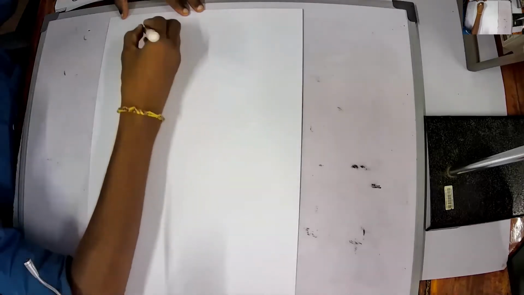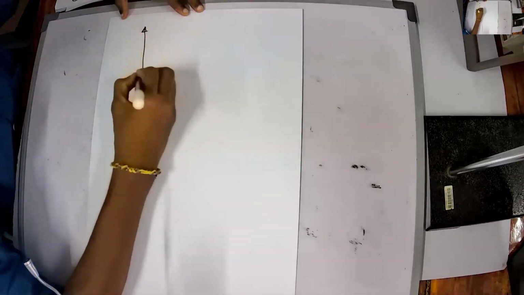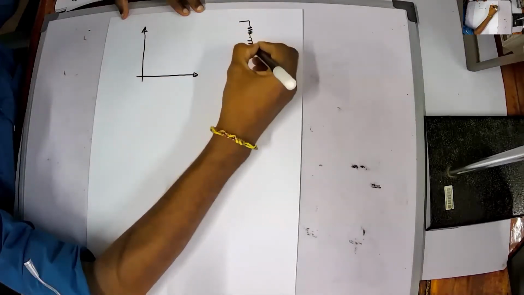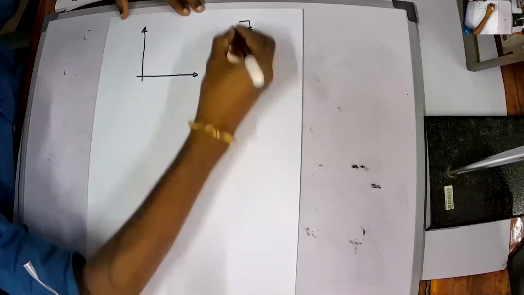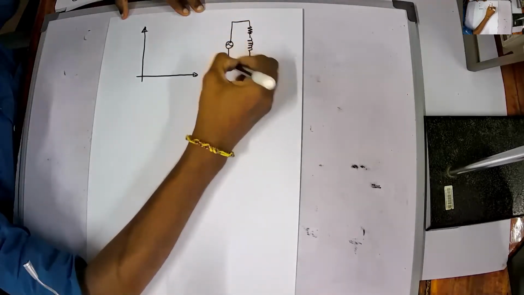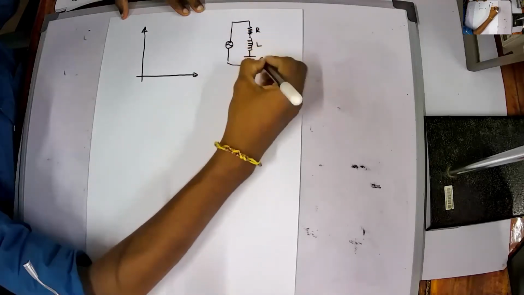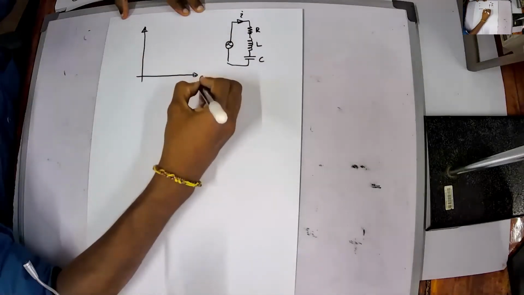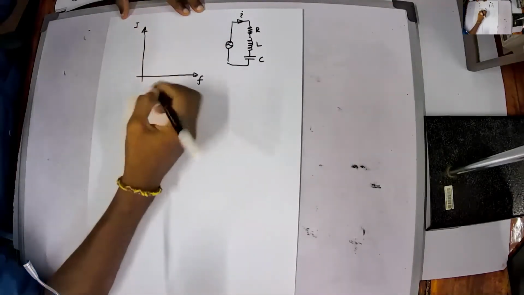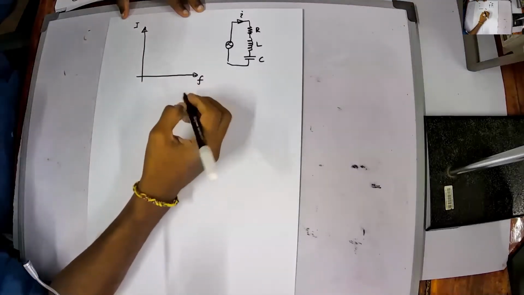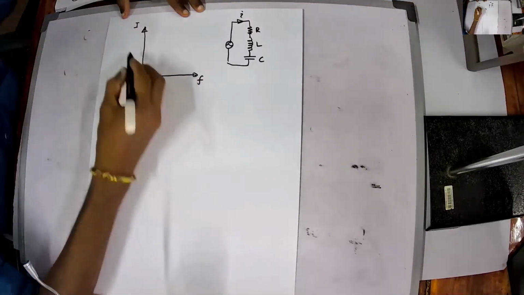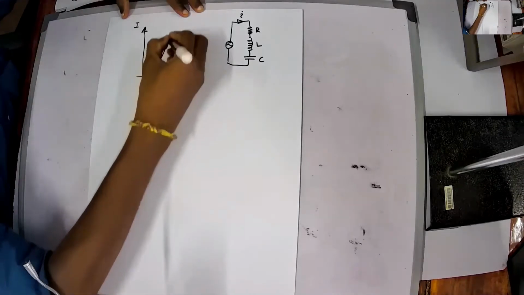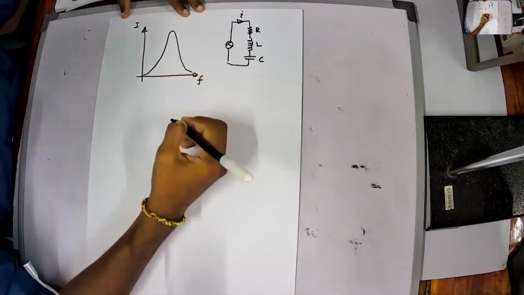If I draw the response curve, for example, for an LCR circuit along with the function generator, with R, L, C and current I, we can draw the frequency versus I. The y-axis will be current and the x-axis will be frequency. So you will have a graph something like this.